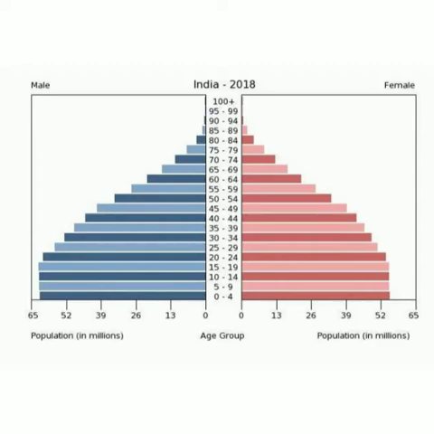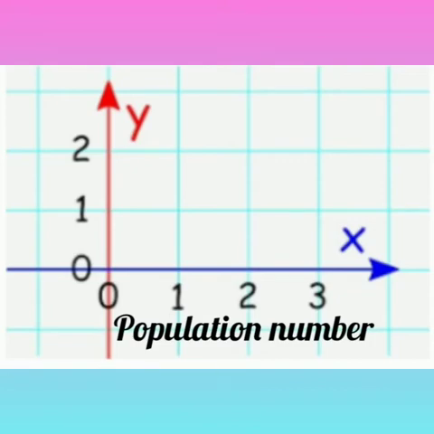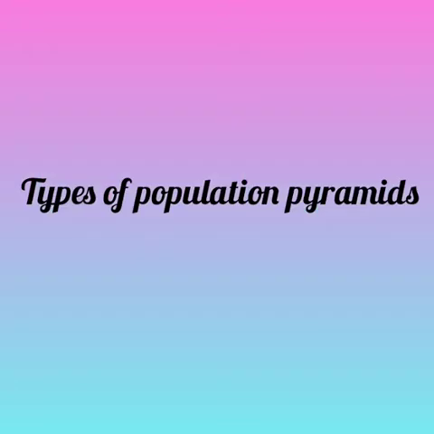The x-axis is used to plot population number, whereas the y-axis lists all age groups. So there are different types of population pyramid.